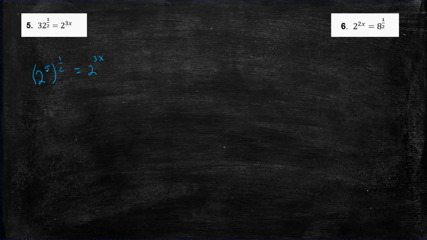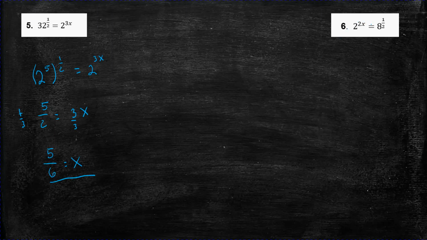That means, this is still multiplying here, so this is 5 over 2 equals 3x. So I'm going to divide by 3 and divide by 3. That's going to be 5 over 6 equals x.